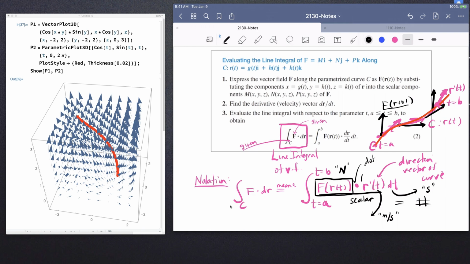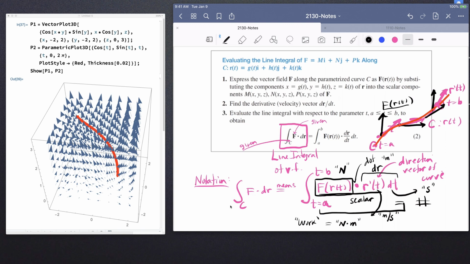So r prime at t dt, which is what we call dr, will have the units of meters per second times seconds, which is meters. And then when you do the dot product of the force with r prime at t dt, you will have the units of newton times meter, which is a unit of work, a force over a given distance.